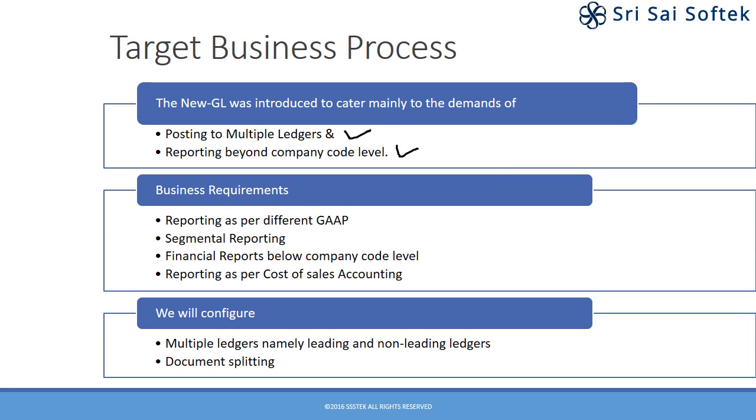So the business requirements therefore are reporting as per different GAAP, segmental reporting, financial reporting below the company code level, and reporting as per cost of sales accounting. We need to configure multiple ledgers, namely leading and non-leading ledgers, and we also should configure document splitting, which is most important as well as a bit complex.